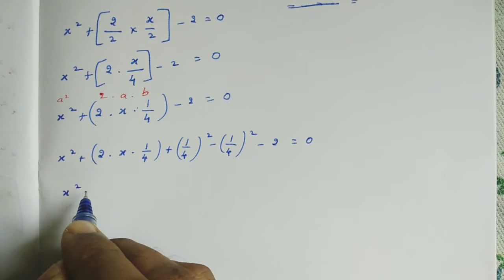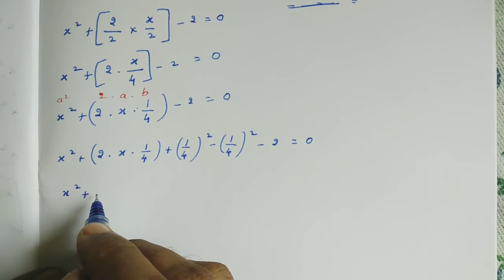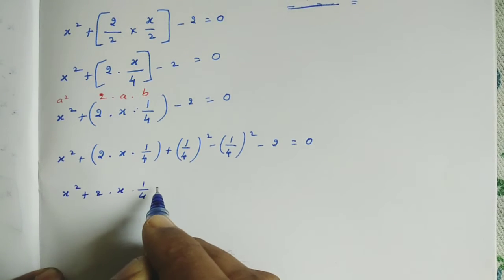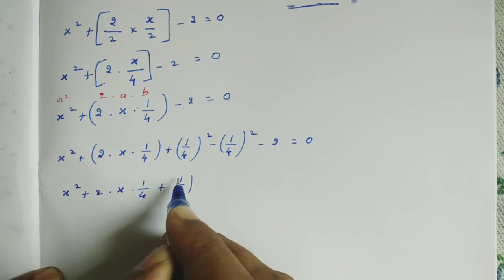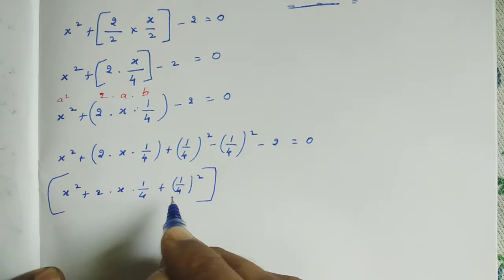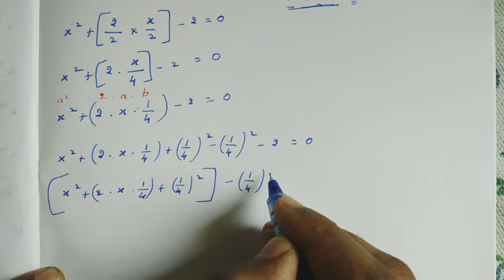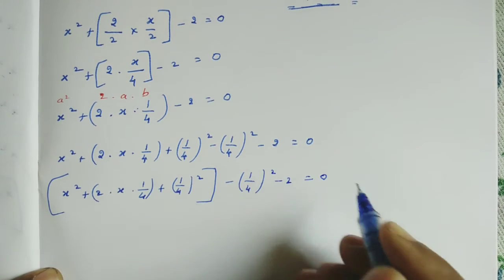Next, x squared plus 2ab plus 1 by 4 the whole square, and just made the bracket. Then minus 1 by 4 the whole square minus 2 equal to 0.